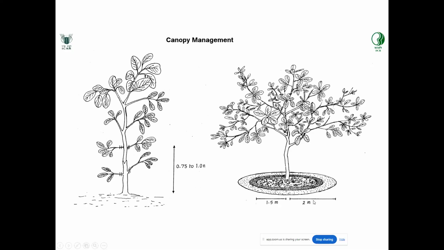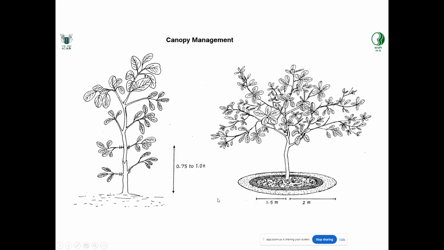And when you are going to apply any fertilizers, if it is a plantation of 6 and above years, we have to apply the fertilizers leaving 1.5 to 2 meters from the stem portion, because the active root zone is in this region, which will easily absorb the nutrients you apply for the plant.